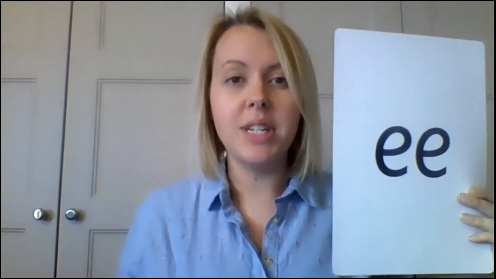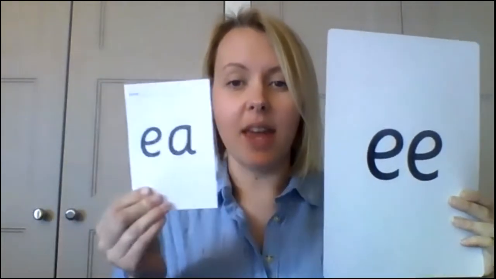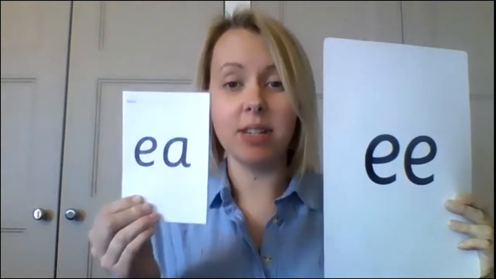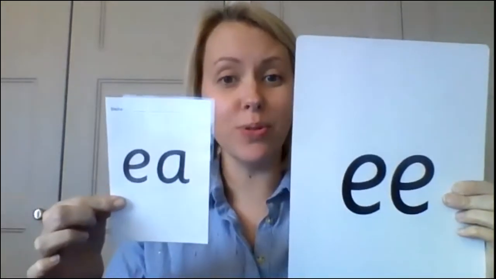It's a cup of tea. And there it is. There's our other E sound in set 3. So in set 2, we've got the 2 E's together, the long E sound. But our set 3 has an E and an A to make an E sound also. How confusing. Let's have a look at some more.